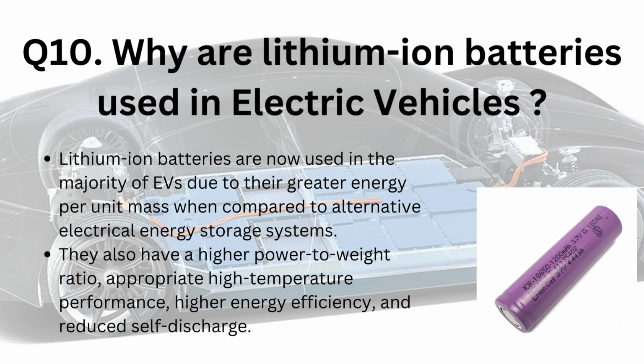As compared to any other energy storage system, in a small space you can store large energy. That's why in the electric vehicle, battery space plays a major role. So the lithium-ion battery can store the maximum energy in less space.